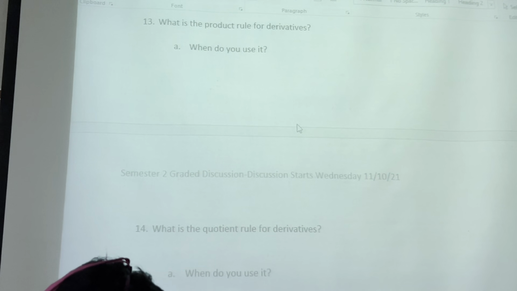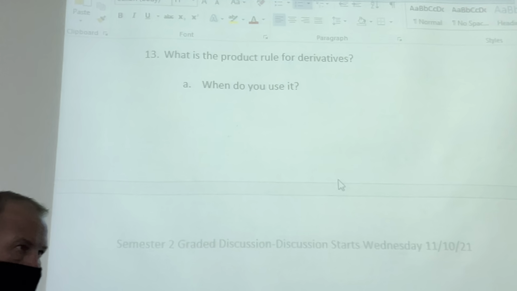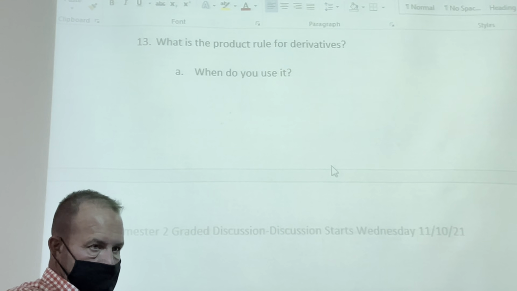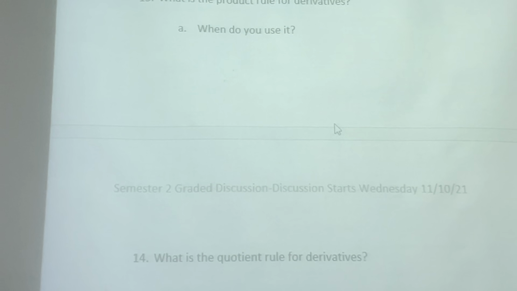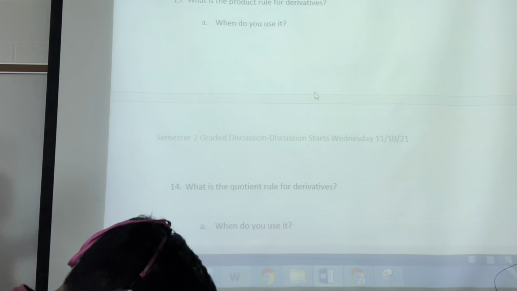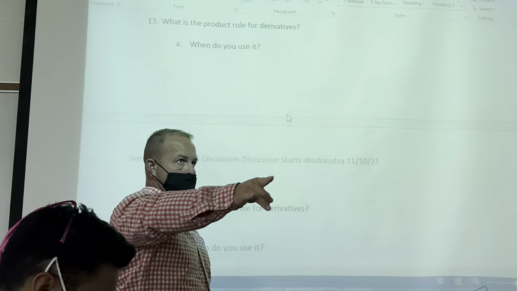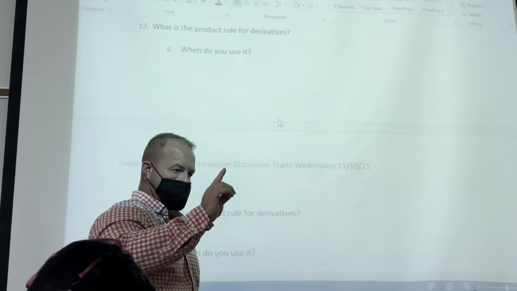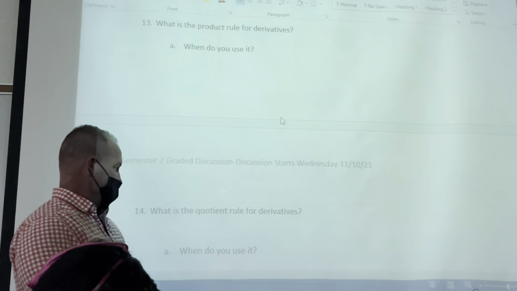Number 13. Product rule is when you take a product of two functions, you're multiplying two functions, and you just take the derivative. Easy. That's it. There's nothing special about it, but you should be able to write it also. The derivative of f times g is equal to f times g prime plus g times f prime.